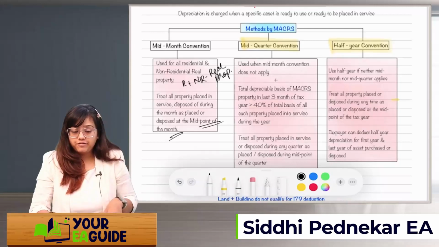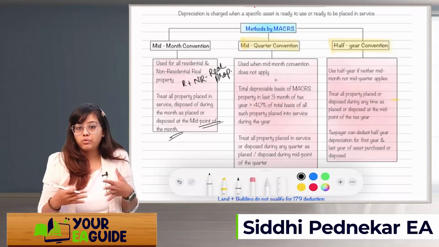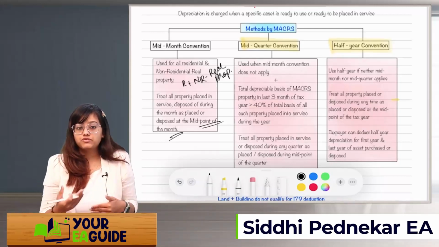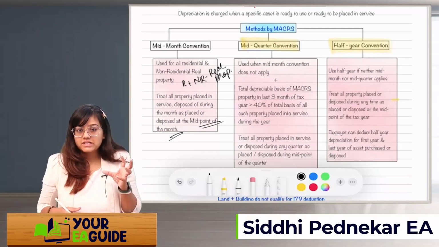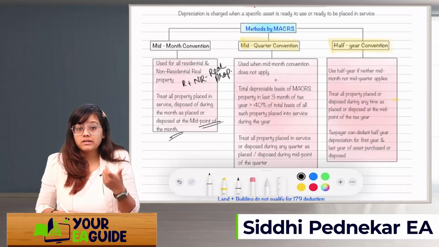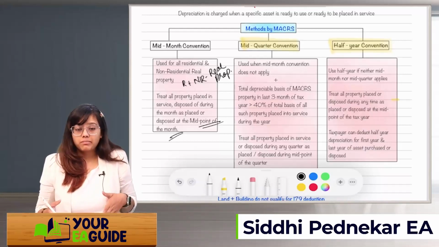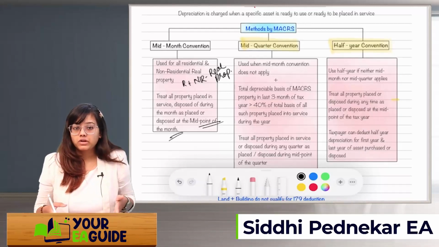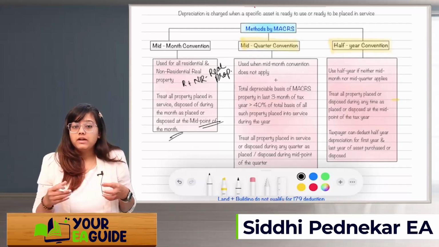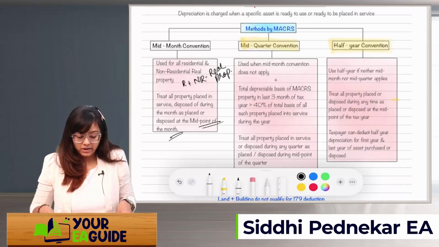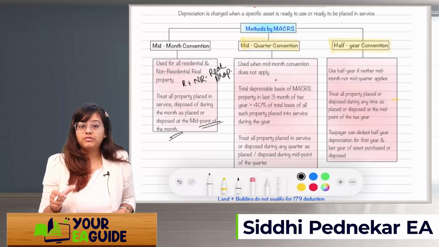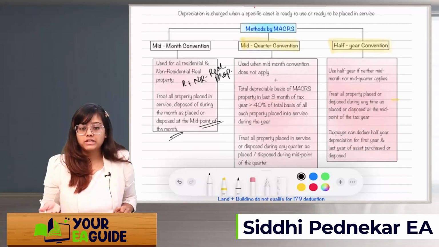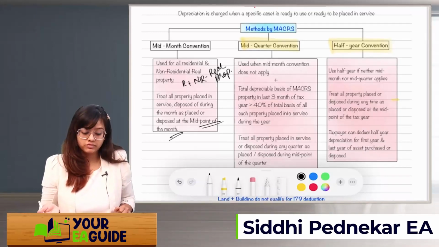For example, in the month of February, you are disposing of some asset, at whatever date you have disposed, just consider it if that asset is a real property, whether used in the business or used for residential purpose. If that asset is sold in the month of Feb, then we will consider it as disposed of in the mid-month of Feb. Right, on 15th Feb, we'll just say that it has been disposed of.